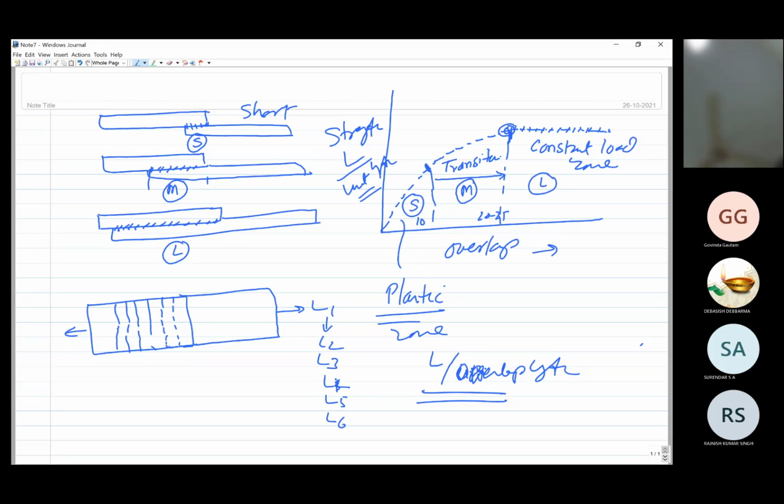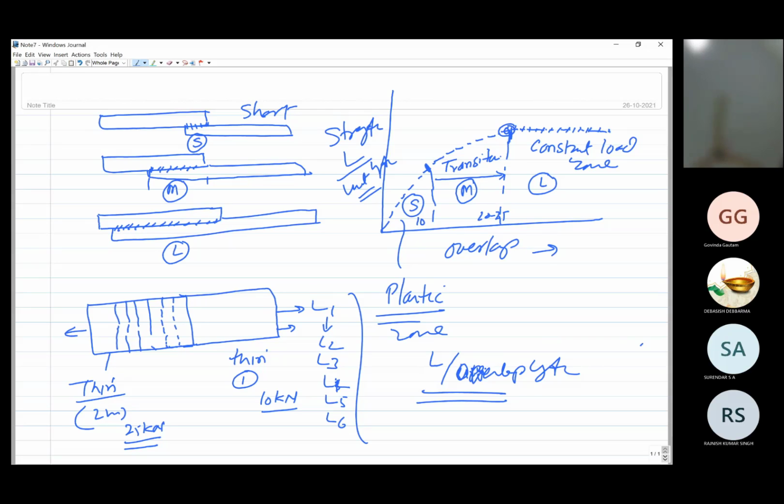Yes, one more thing. It is possible, if this side you have a very thin sheet and this side you have a thick sheet, say this side 1 mm and this side 2 mm. So the load carrying capacity of the thin sheet is say just 10 kilonewton, and this side it is say 25 kilonewton, because of the difference in the material and the thicknesses.